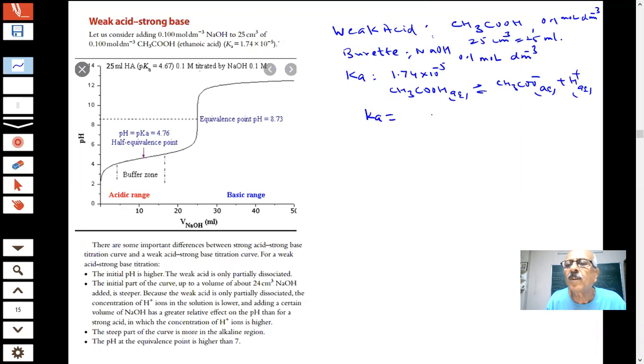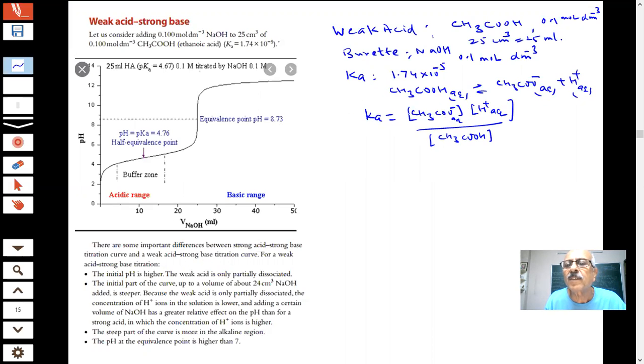Ka is equal to CH3COO minus times H plus, aqueous, divided by CH3COOH. The concentration is known, and Ka is known.